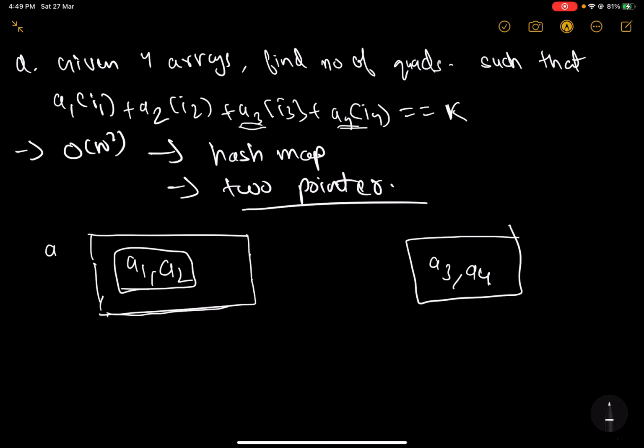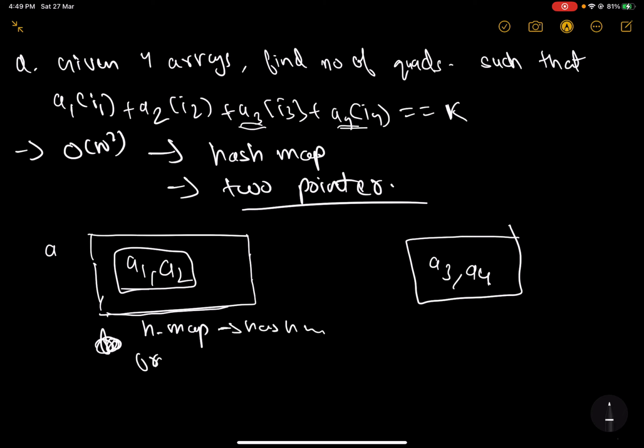What I'm going to do with them is iterate over them completely, and find all the distinct sums they can produce and the frequencies of those sums. For this I'm going to use a hash map. Let's call it hmap.